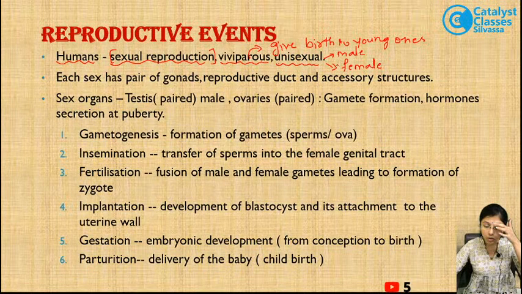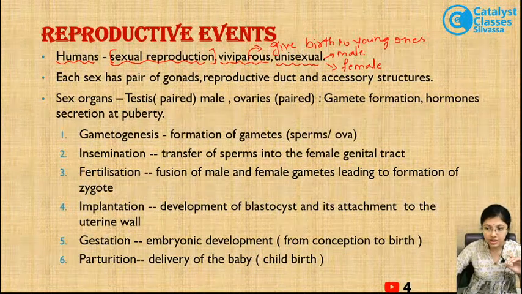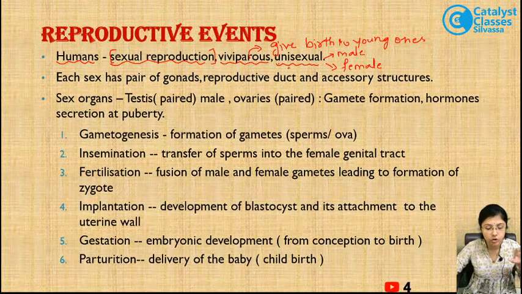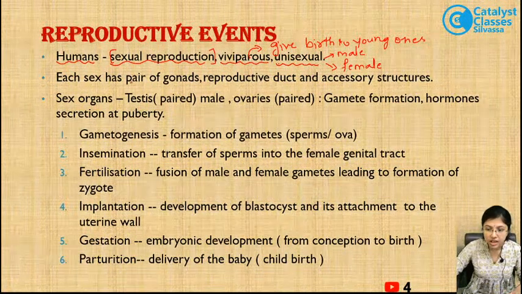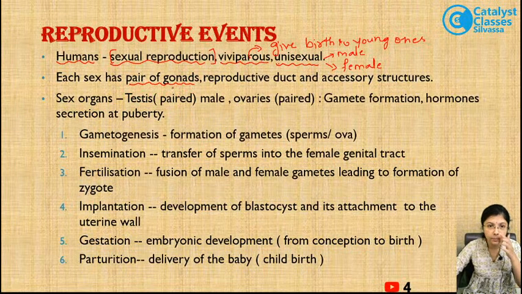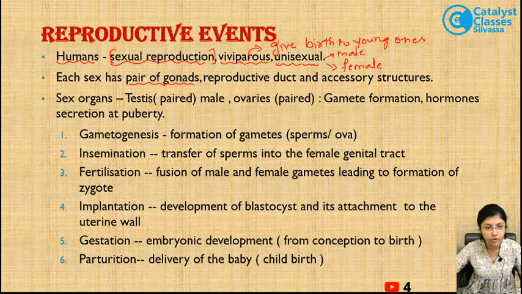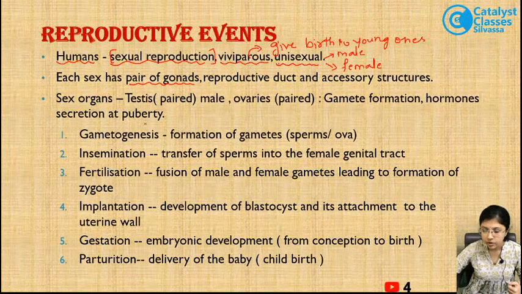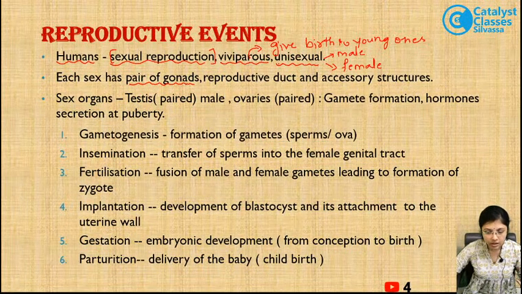Okay. Now, when we talk about reproduction in humans, as I said, they are unisexual organisms. So there will be special reproductive organs present in these bodies, right? Each sex has a pair of gonads which is going to help in the process of reproduction, wherein they are going to help in all these reproductive events that we are going to study now. So there will be a pair of gonads which form the gametes.